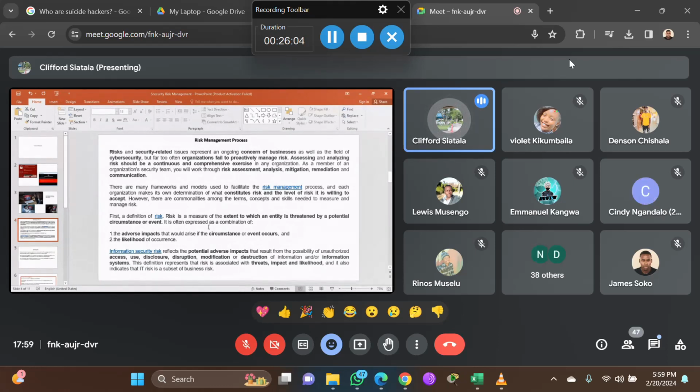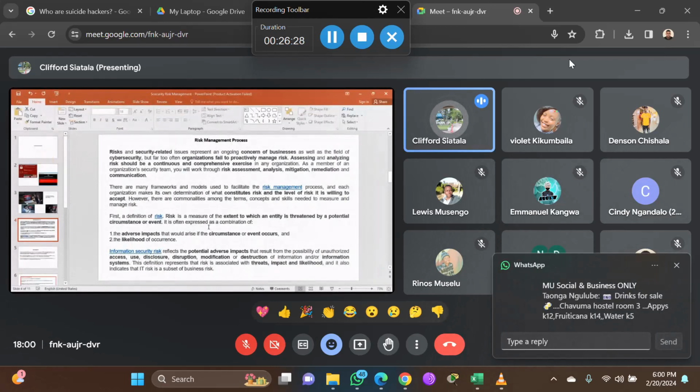Assessing and analyzing risk should be a continuous and comprehensive exercise in any organization. So you see, guys, in any organization, assessing and analyzing risk. In Swahili they say hakuna kulala.